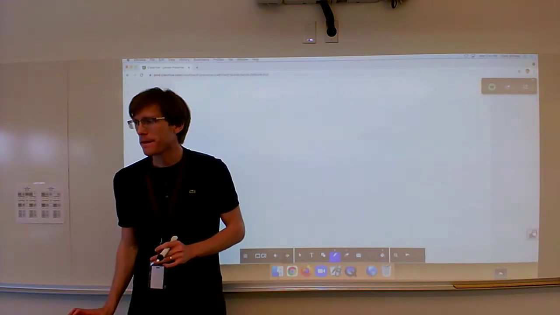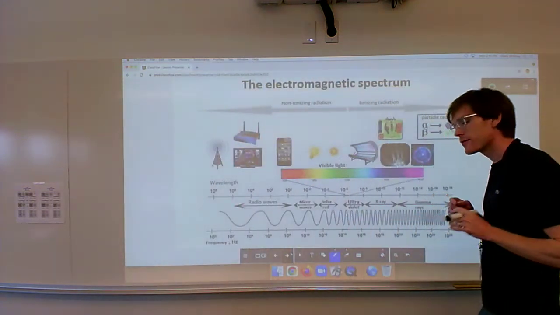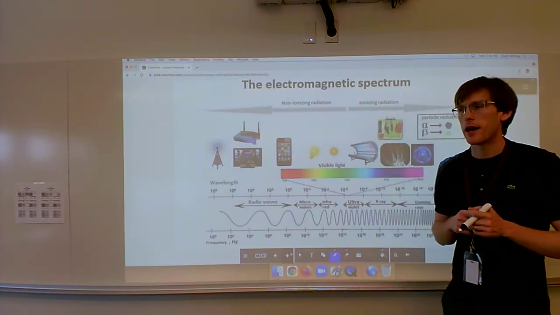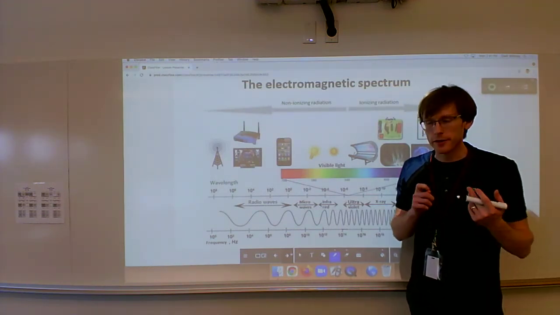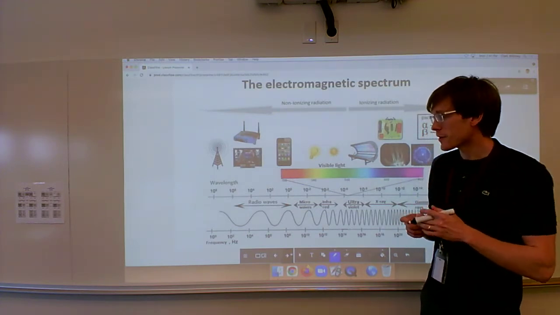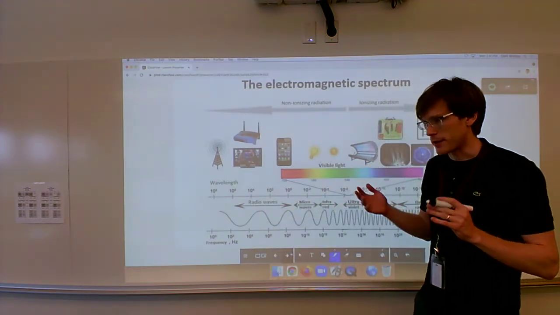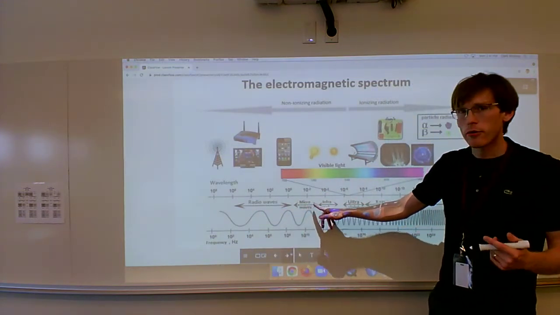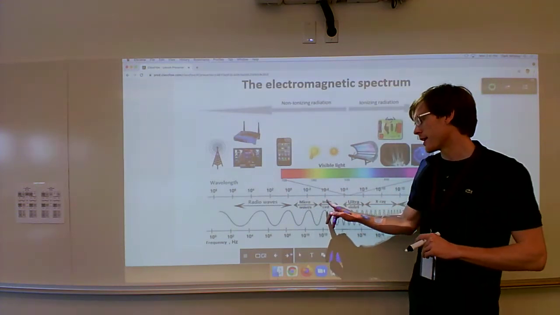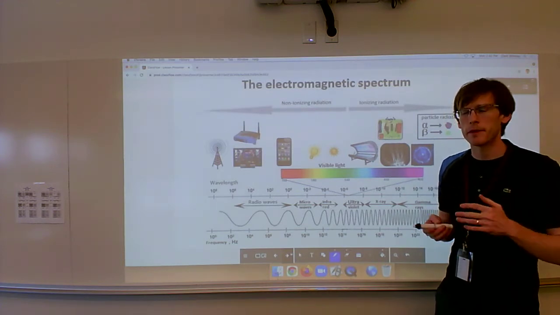Now, we're going to look at the electromagnetic spectrum, which is really, really interesting because there are so many things that you've seen before, or heard of at least, that fall into the electromagnetic spectrum, and are fundamentally the same stuff. So for example, radio waves, AM or FM radio, electromagnetic radiation. Microwaves, like what you use to heat up food, electromagnetic radiation. Infrared, you may know of night vision goggles.